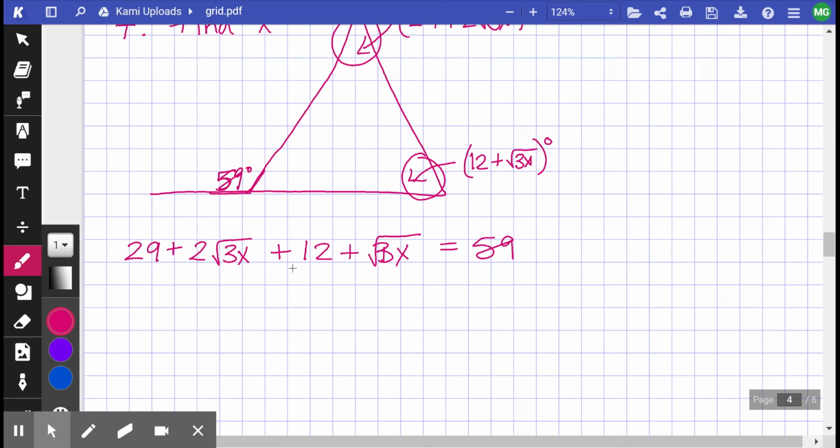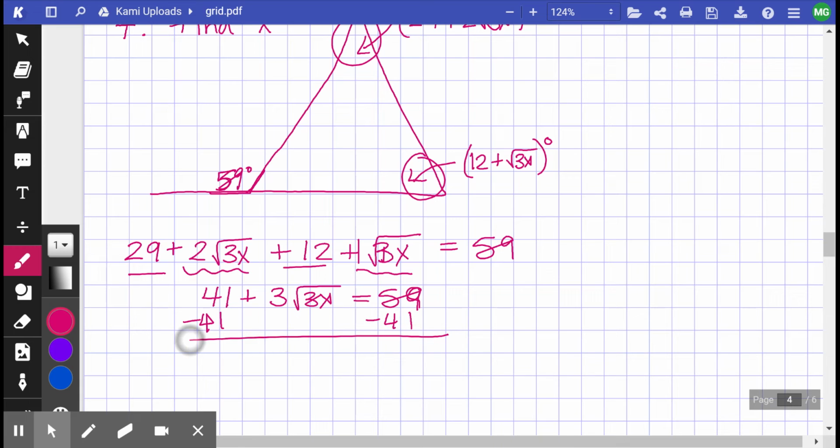All right, 29 and 12 I can add together here, and that's going to give me 41. These two I can add, they both have a root 3x. Here's 2 root 3x plus 1 root 3x would give me 3 root 3x. So you keep whatever's underneath the radical when you're adding or subtracting. Now we're going to isolate that radical. So I'm going to subtract 41 from both sides first.